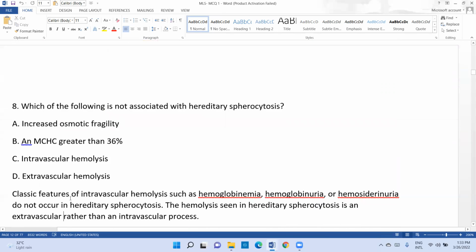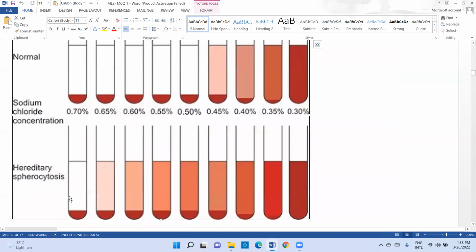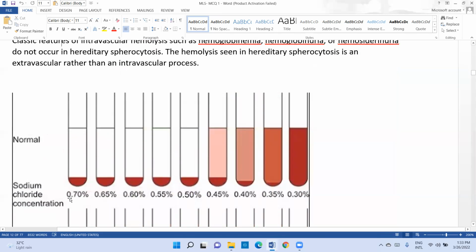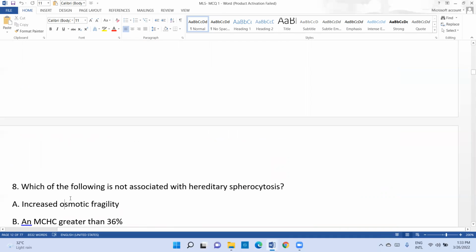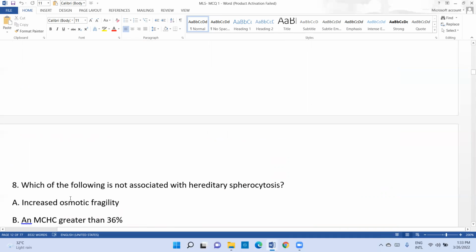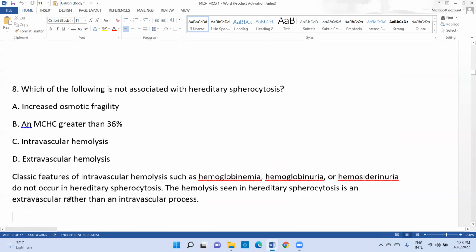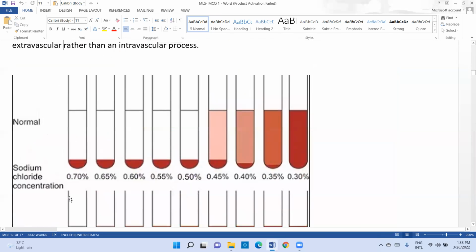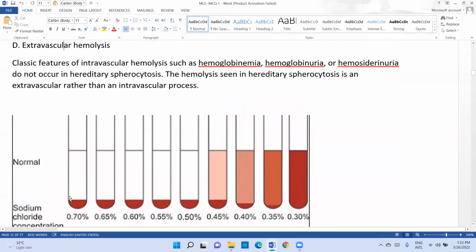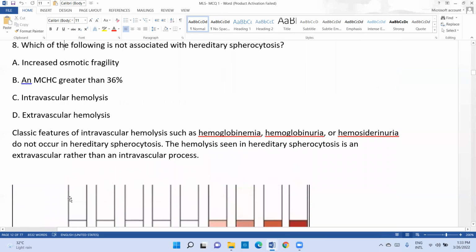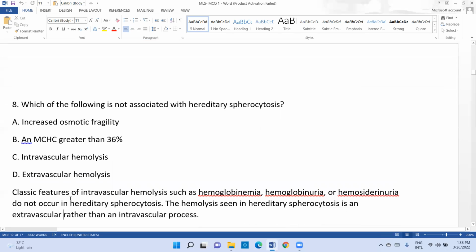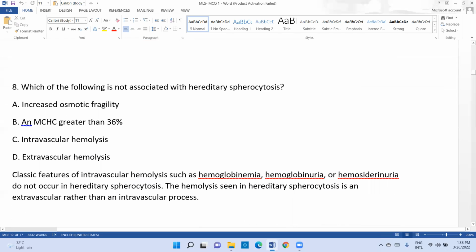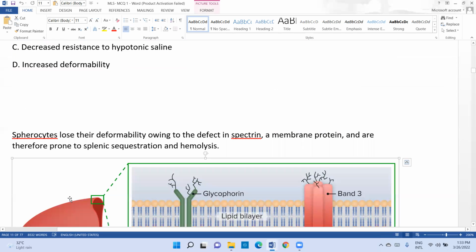Question number 8. Which of the following is not associated with hereditary spherocytosis? In hereditary spherocytosis, the problem is with the proteins that make the red cell membrane. The cross section is here.